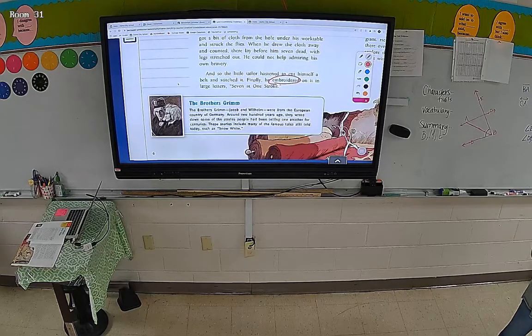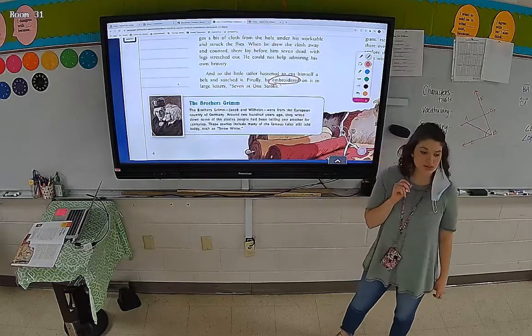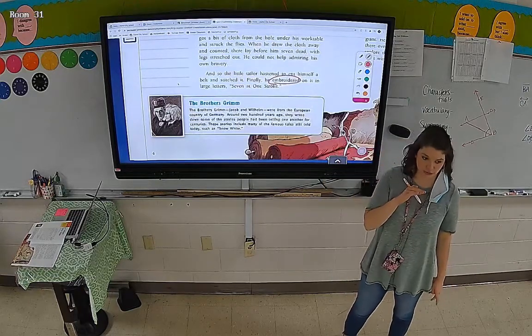But the next word we're going to do is one that can mean a couple different things. If you don't go back to the text and you just go based off of what you've heard before, it could be wrong. Take your time. Don't rush through it, okay? So when I read this one, everybody with me? It says, and so the little tailor. So right there's a clue.